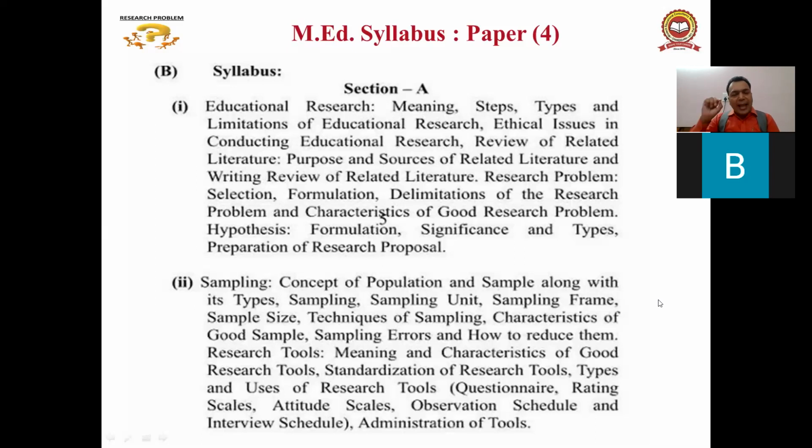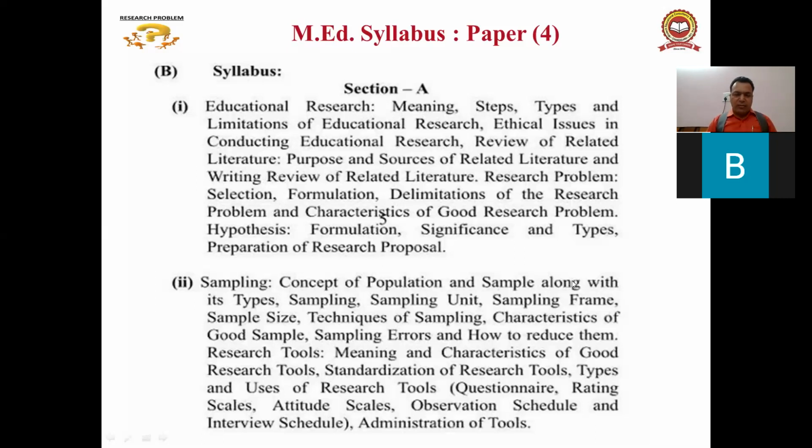Fifth step is analysis and interpretation of the result. Okay, you have collected the data, now you have to interpret the result. And sixth step is implications of that research, right? And the last, seventh step is making the research report. So this you have to remember. These are the 7 steps of educational research, right?